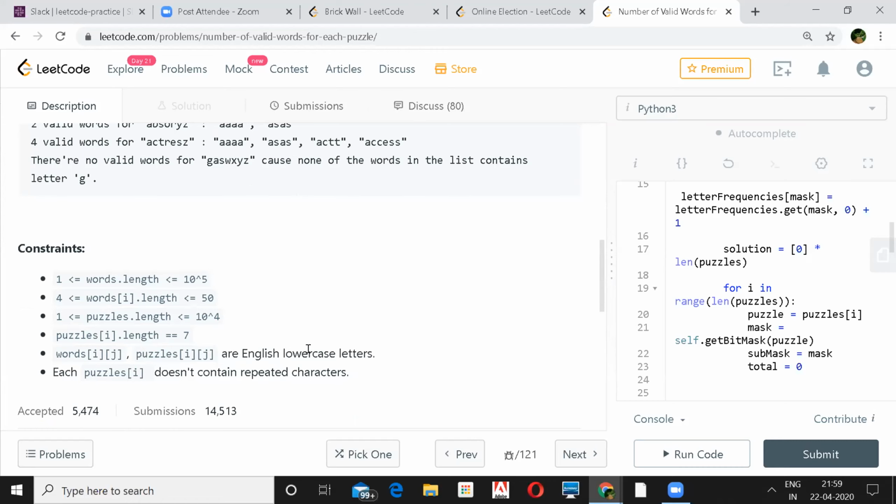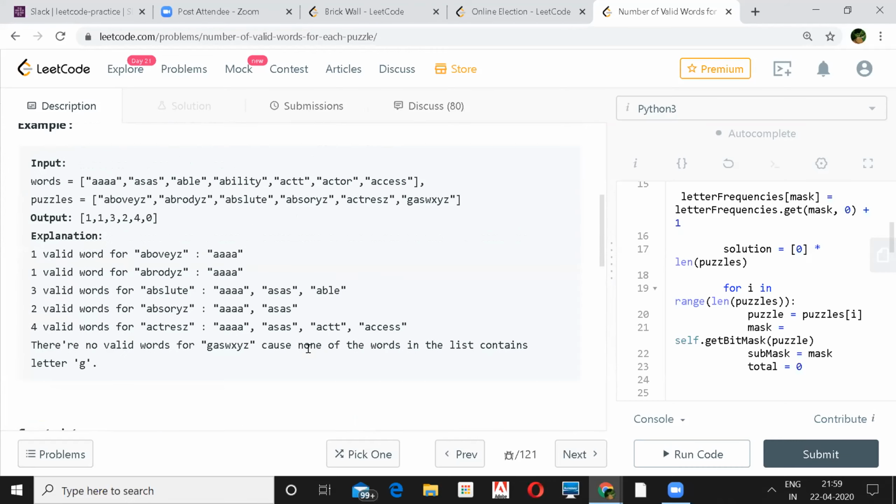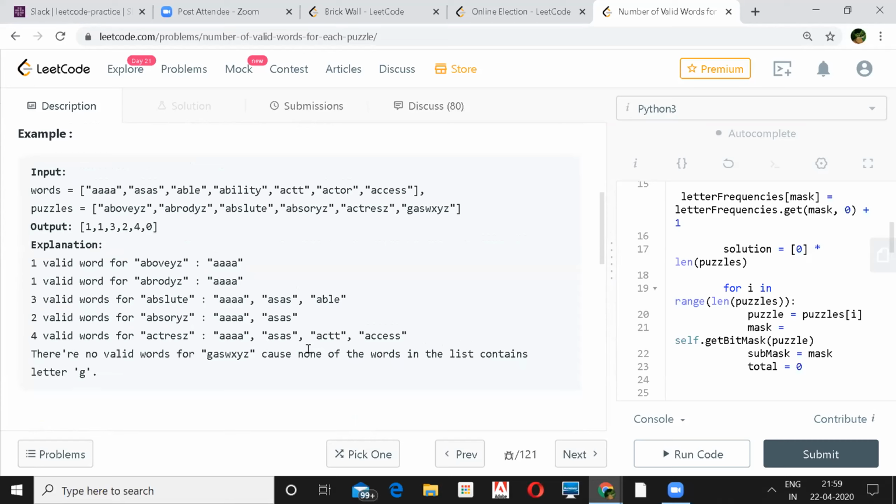But how can we optimize? Because we have to go through each and every letter, and we have to look for each and every puzzle. If you can encode them, think in that way. If these words have similar encodings, you can use some map. Encoding, yeah.